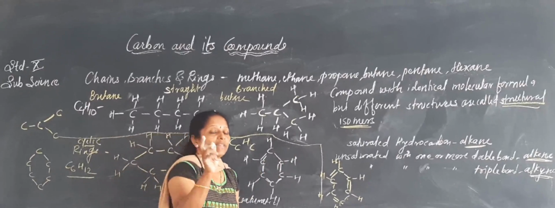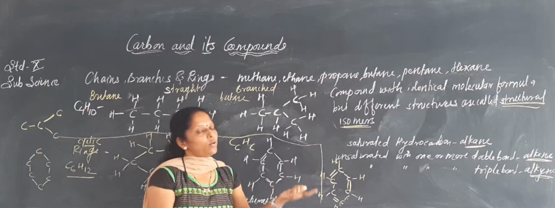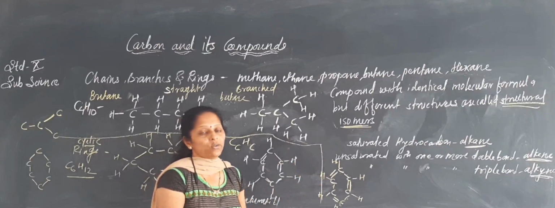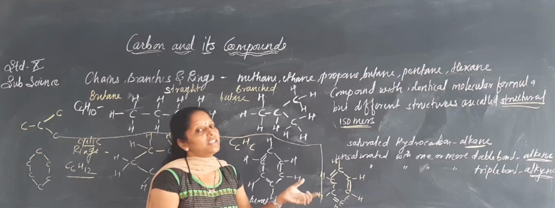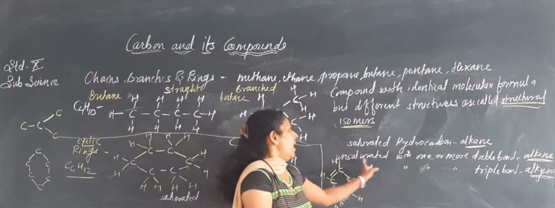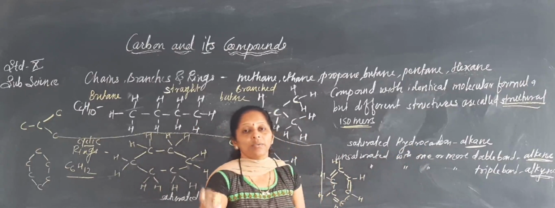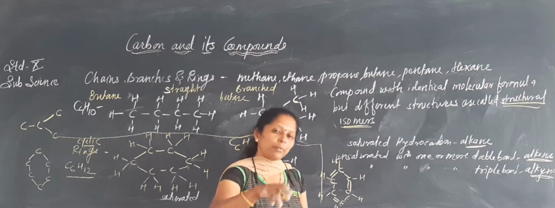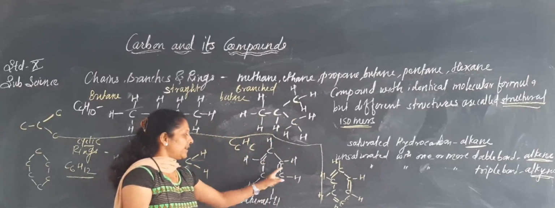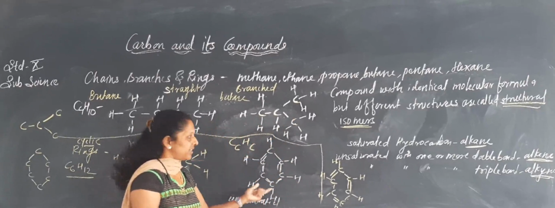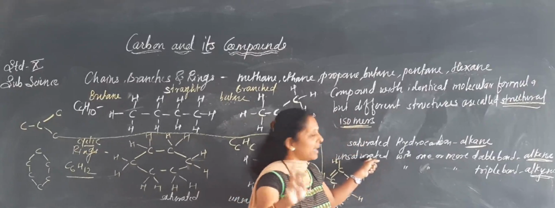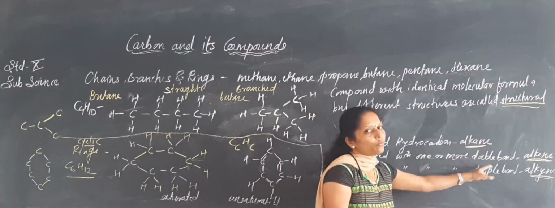Hydrocarbon means carbon and hydrogen are present. Saturated hydrocarbons, which have a linkage between carbon atoms with a single bond, are called alkanes. Unsaturated hydrocarbons with one or more double bonds, see here 1, 2, 3 double bonds, are unsaturated because there is a linkage between carbon atoms with one or more double bonds.